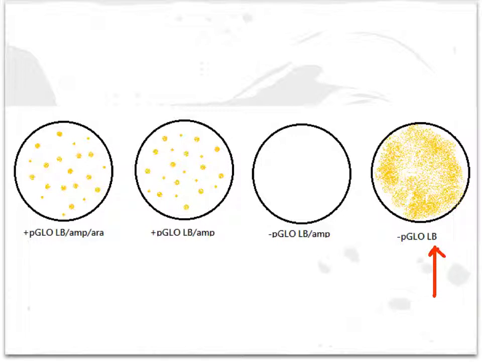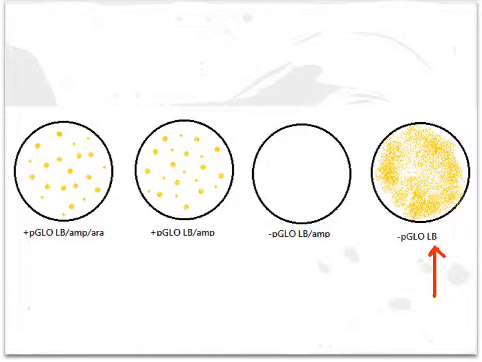LB stands for the two names of the people who developed this nutrient broth. It has nutrients that allow bacteria to grow, and it has agar to create a gelatinous consistency so that bacteria can grow on top of it.